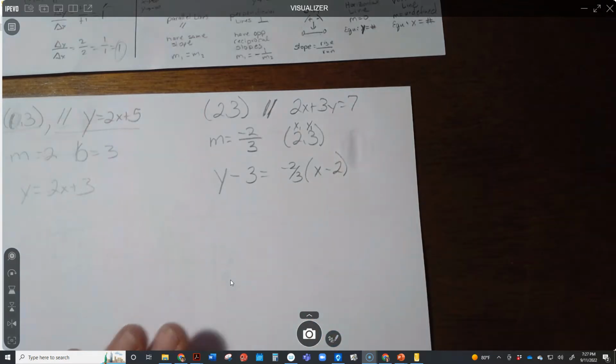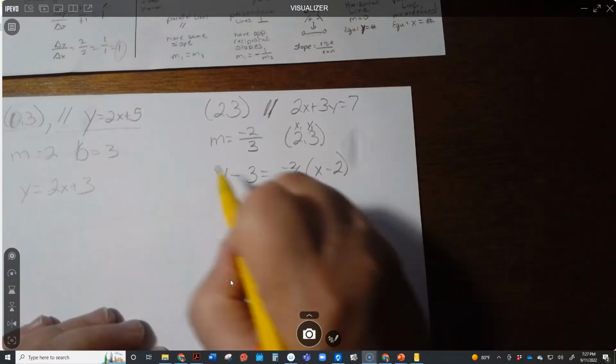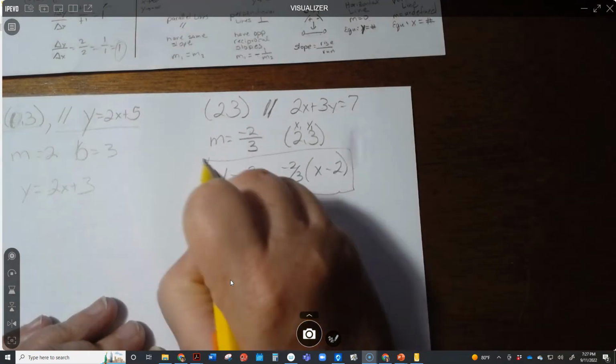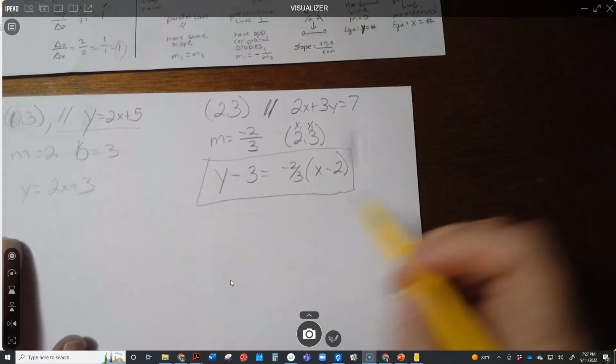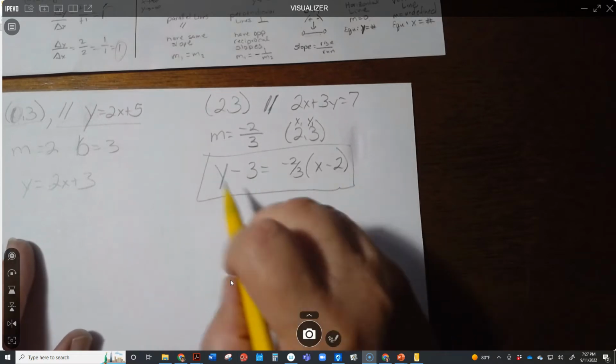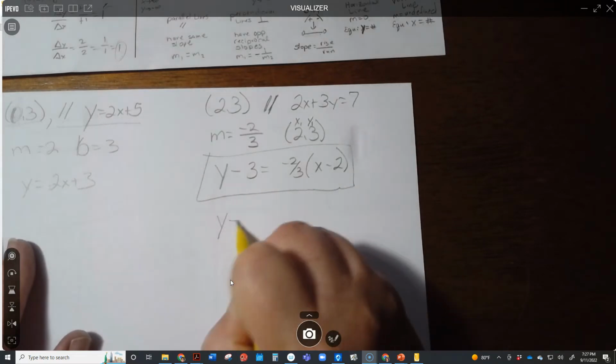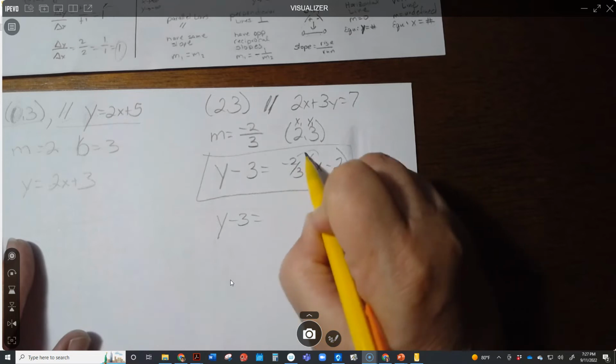If they don't tell me which form I need to write my equation in, then I can leave it like that because that is an equation of a line. If they tell me that they want a particular form, like slope-intercept, well, then I'll have to change that to slope-intercept form. Distribute.